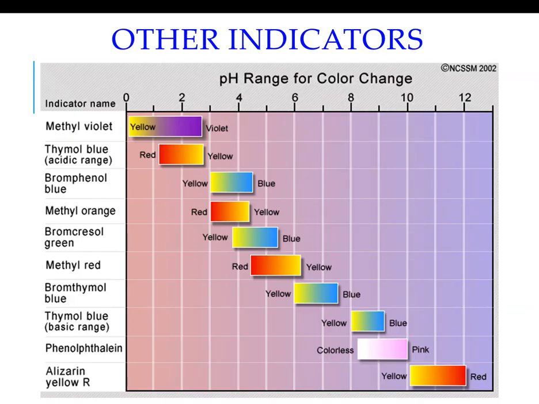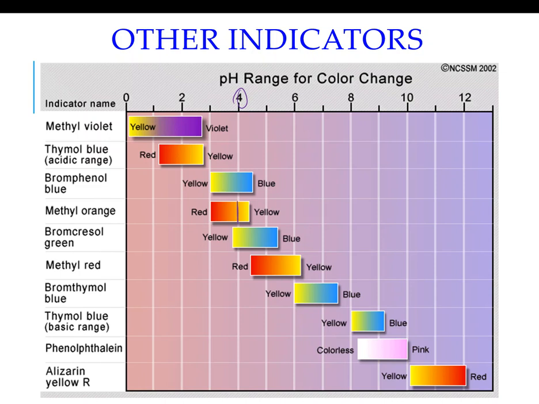Now here are ones showing a bunch of different indicators. Like I said, the methyl orange here changes around a pH of 4, as you can see, red to orange to yellow. But there are varying ones at different pHs depending upon what you're trying to indicate or measure. You would pick the appropriate indicator for that pH range.